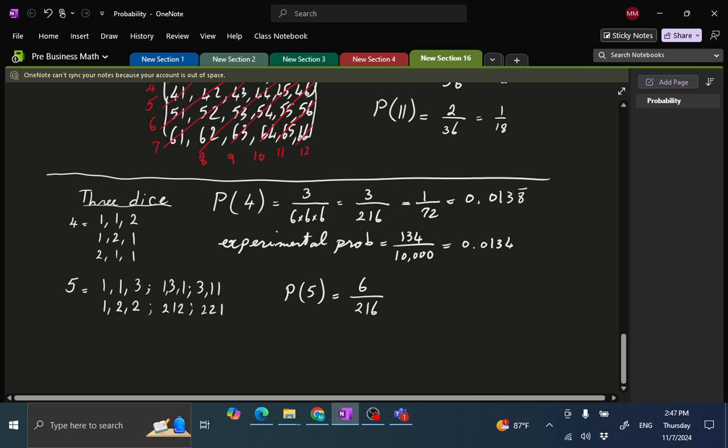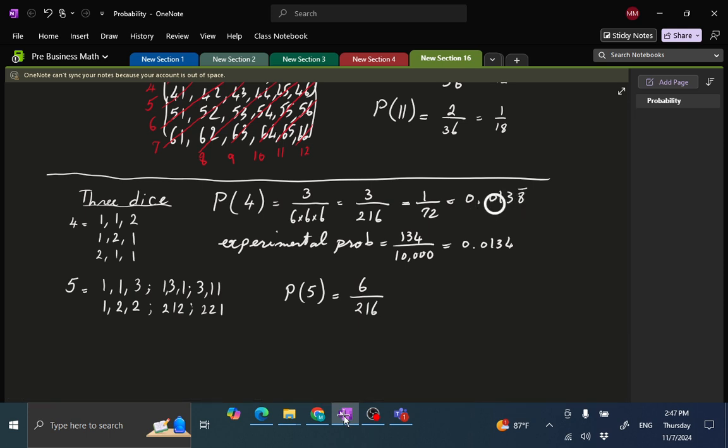Notice how close they are. So that was a theoretical probability, 0.138888, and this one experimental probability, running that experiment 10,000 times, I get 0.134, etc.